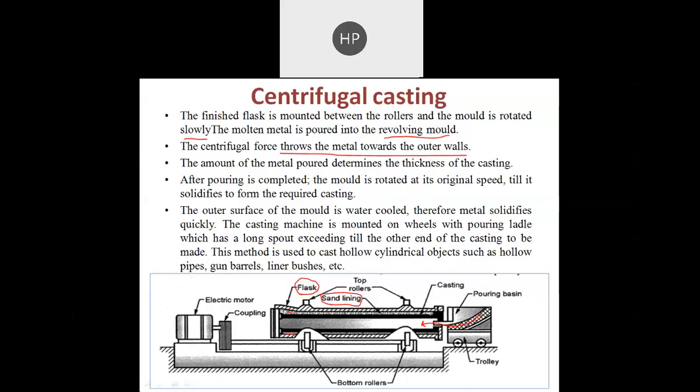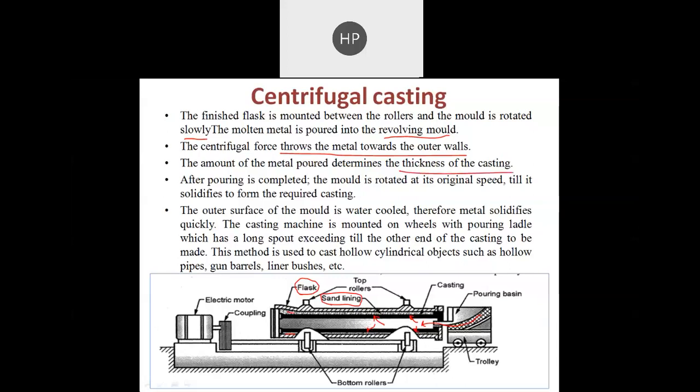The molten metal that is coming will be thrown out to the outer surface like this, and the amount of metal poured determines the thickness of the casting.